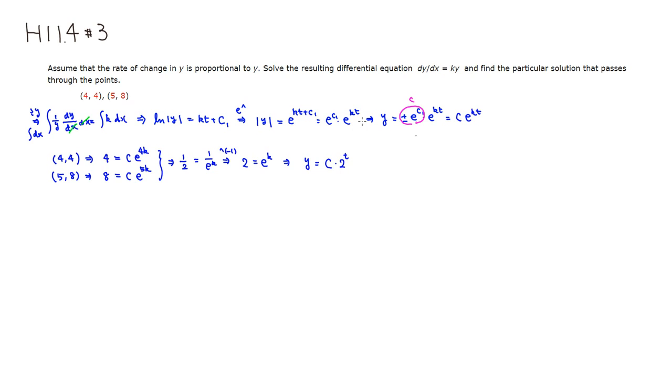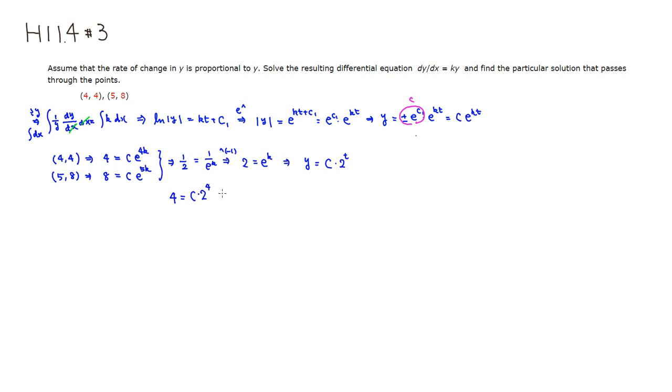Then we can find C from the first equation: 4 is equal to C, which we don't know, times e to the k, which is 2, raised to the fourth power.